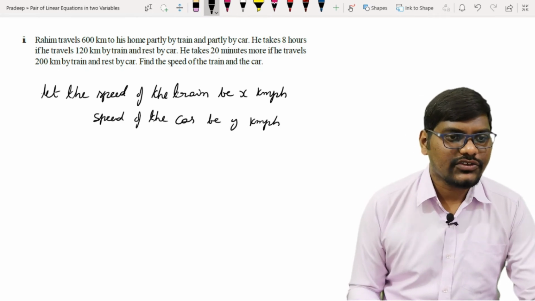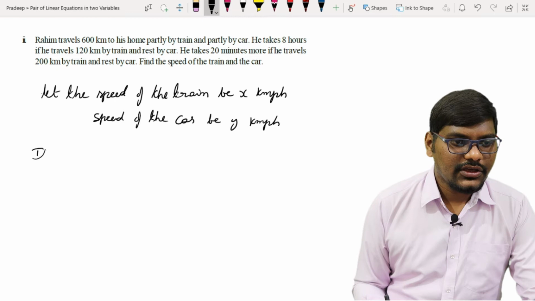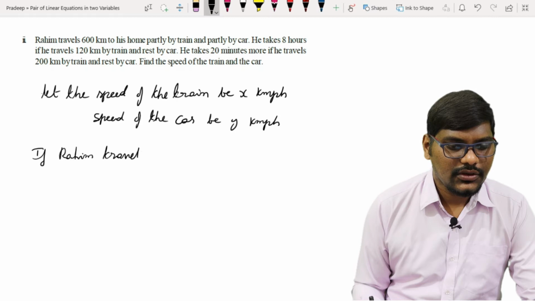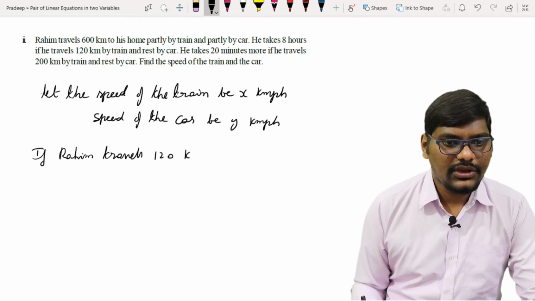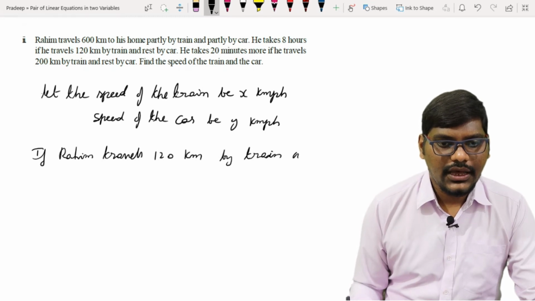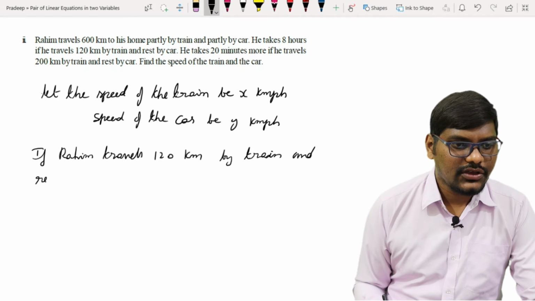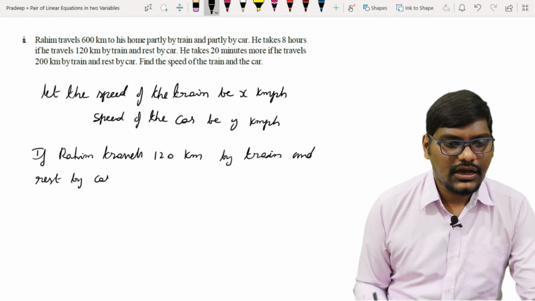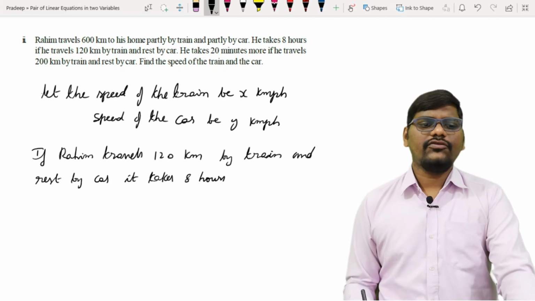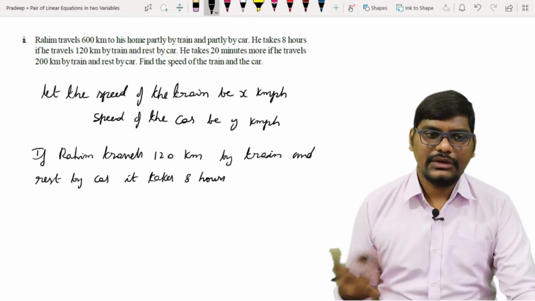Okay, so we'll write the first condition, that is if Rahim travels 120 kilometer, so 120 kilometer he traveled by train, so I can write 120 kilometer by train and remaining distance, that is rest by car, it takes 8 hours.